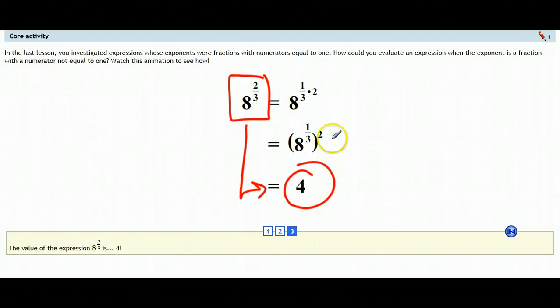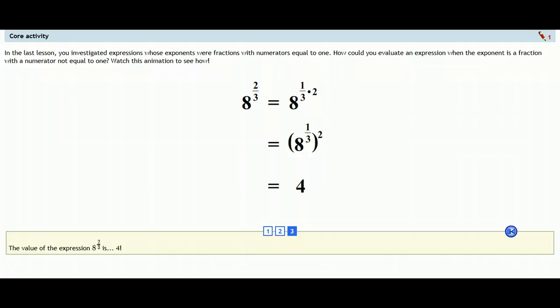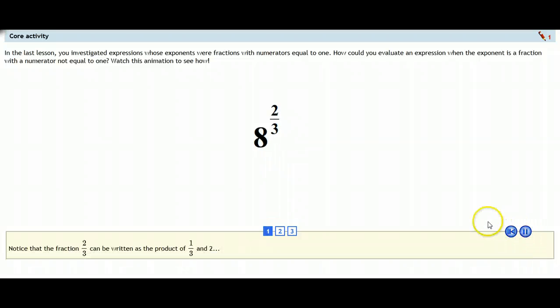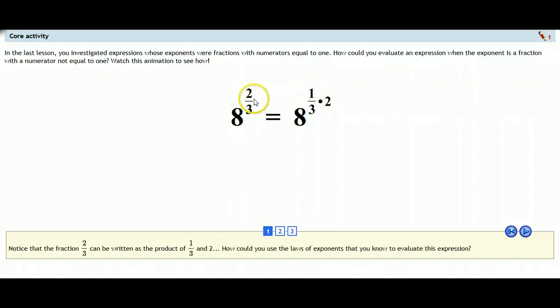So what I'd like you guys to do now is follow along with this one more time. Let's go back to the beginning. 8 to the 2/3. We said we're going to rewrite it as 8 to the 1/3 times 2. All we did is take the 2/3 and rewrite it as a unit fraction multiplied by an integer.